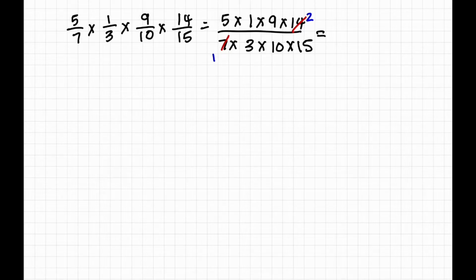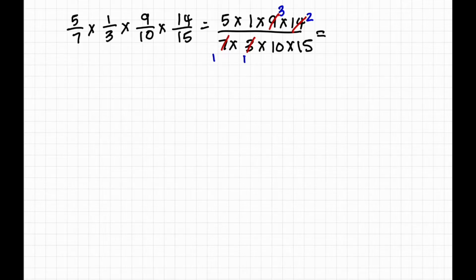And what other numbers do you see? I see 3 and 9 are divisible by 3. So 3 divided by 3 is 1, and 9 divided by 3 is 3. And then what do you see here?